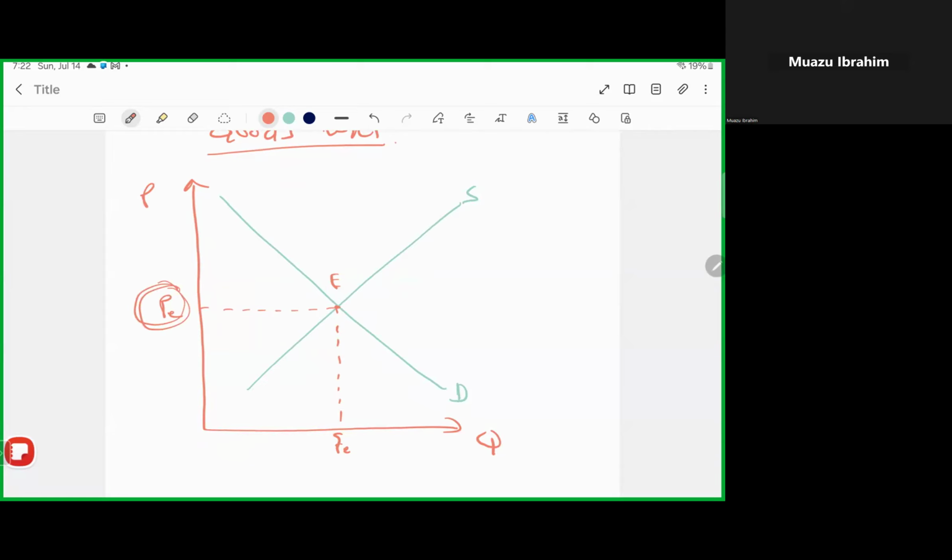But government may see, let's say in the market of farmers, this is the tomatoes market, that the price at which people are buying tomatoes, maybe per kilo, is not good. So to improve farmers' welfare, government sets a price.